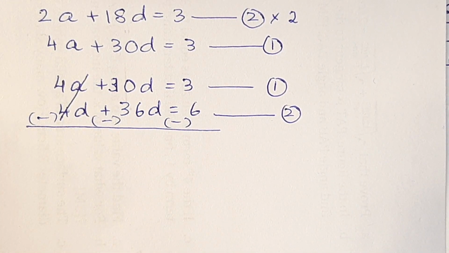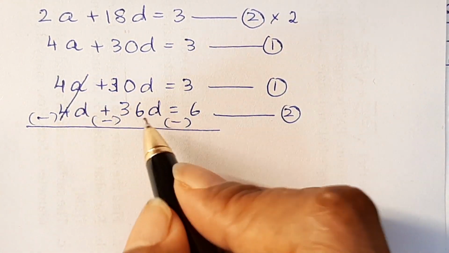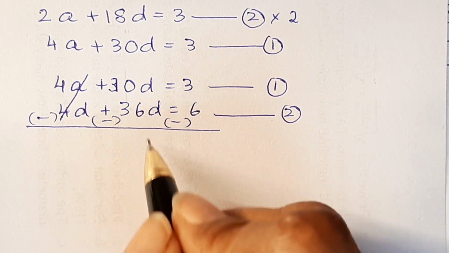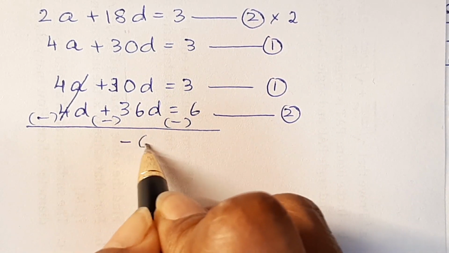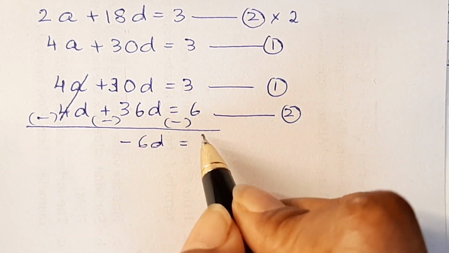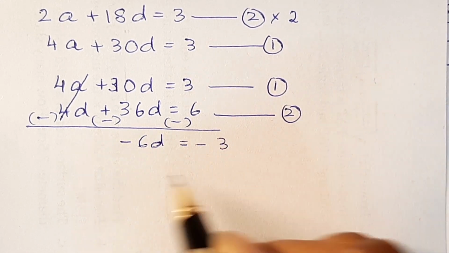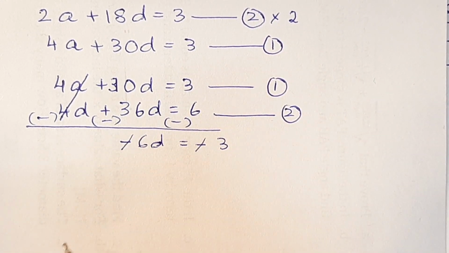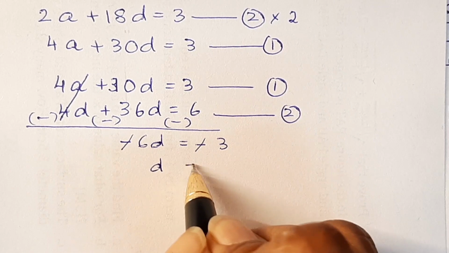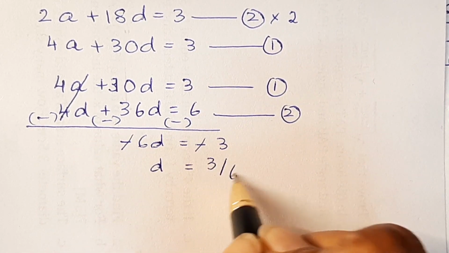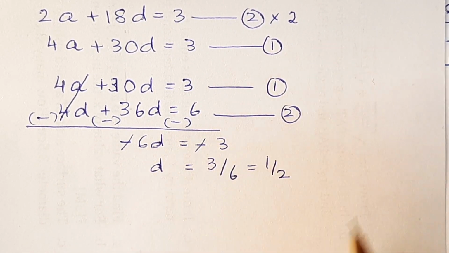So we eliminate a by cancelling it out, and 30d minus 36d becomes minus 6d is equal to minus 3. Minus sign gets cancelled, and we will have d equal to 3 upon 6, which is equal to half.